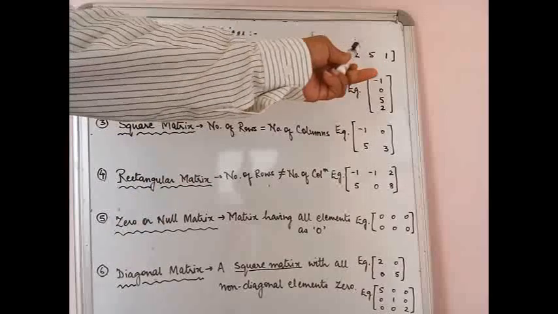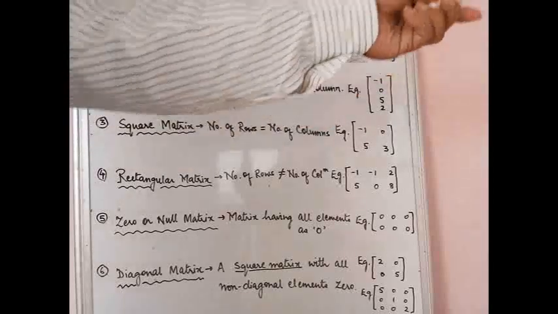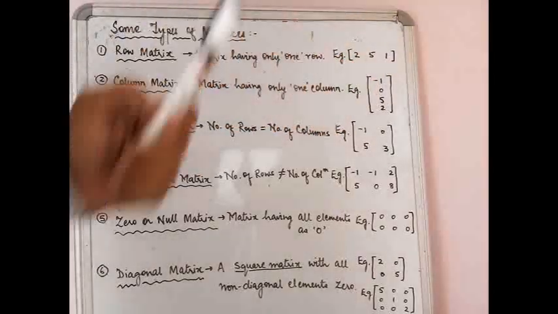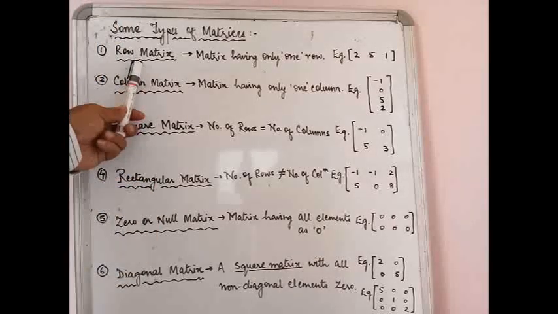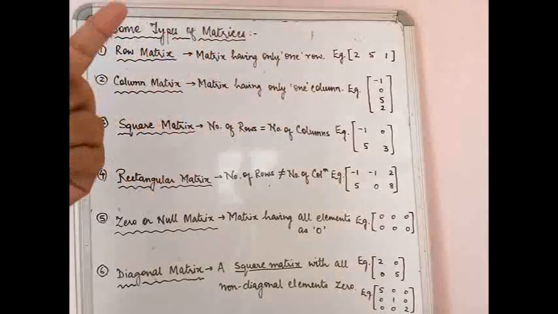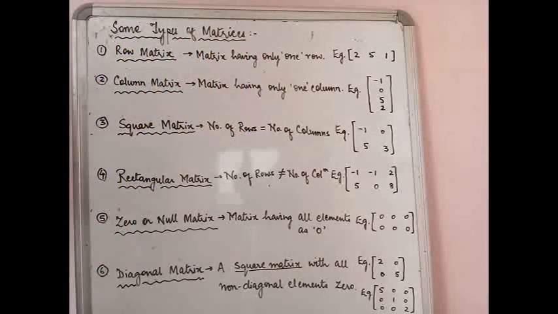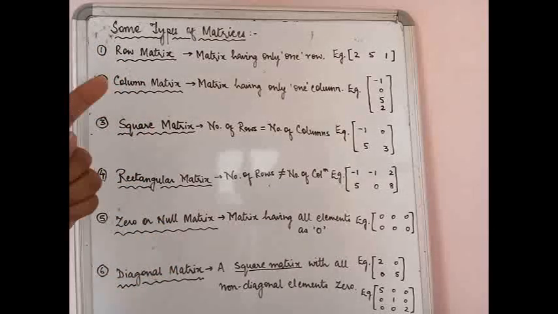Although there are 3 different columns, these columns could have been 4, 5, or just 2 in number. The essential condition for a row matrix is the presence of only one row. As long as a matrix has only one row, it will be called a row matrix. It does not depend upon the number of columns. It can have 2, 3, 4 columns and so on, but the number of rows in a row matrix will be 1.